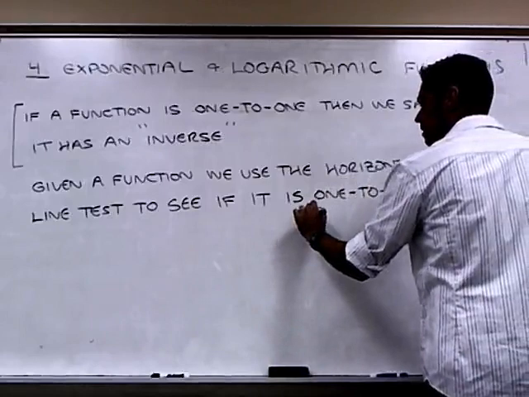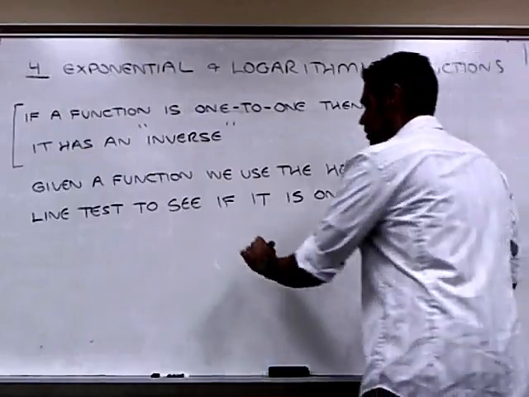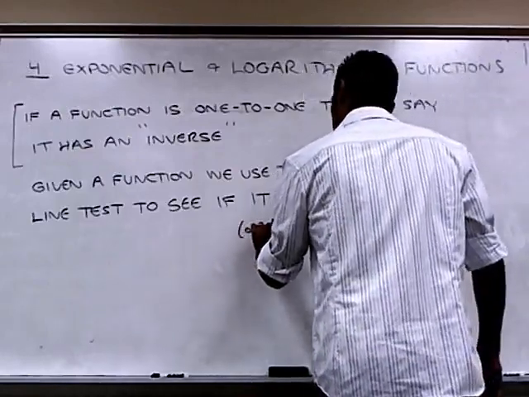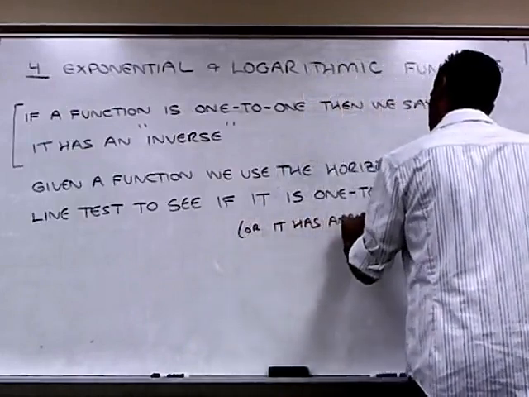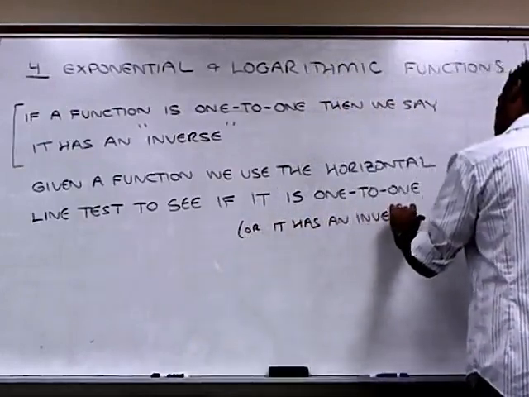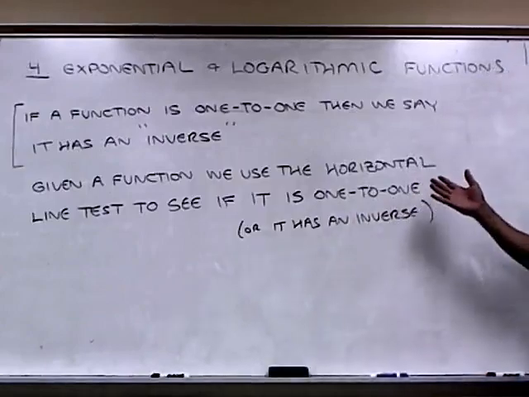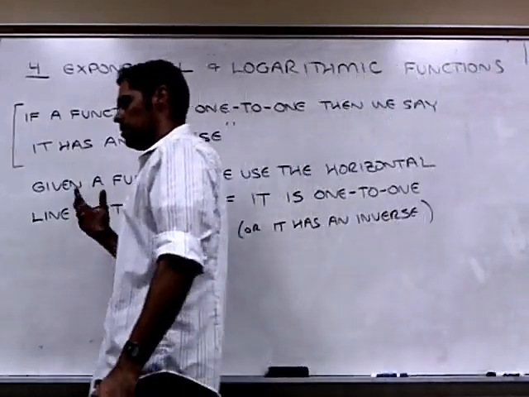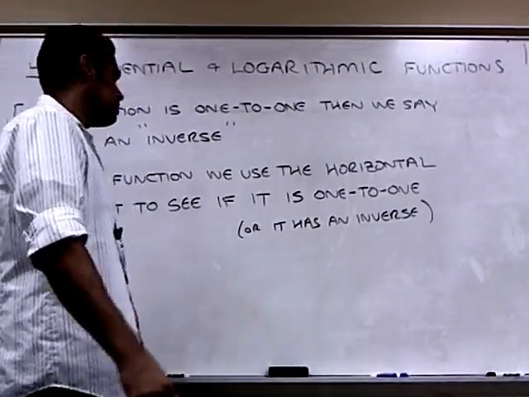Or I could say, instead of using the horizontal line test to see if it's one-to-one, I could be saying, or it has an inverse. Okay? These mean the same thing. Your horizontal line test will basically give you the conclusion of yes, it's one-to-one, yes, it has an inverse, or no, it's not one-to-one. No, it does not have an inverse.